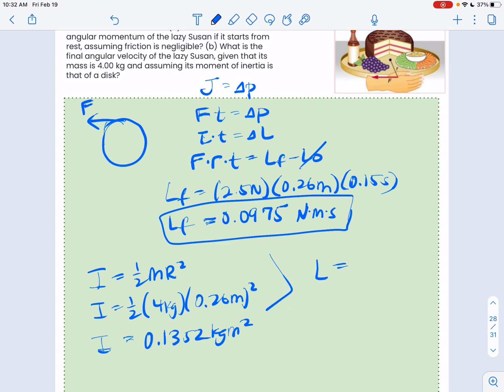And then putting these together, if I want the omega, because angular momentum is I omega, just like p equals mv, the linear version, omega is just going to equal L over I. This is 0.0975 over 0.1352.